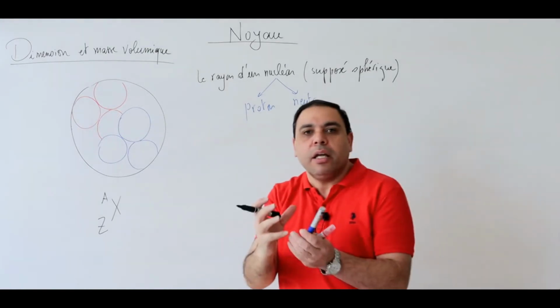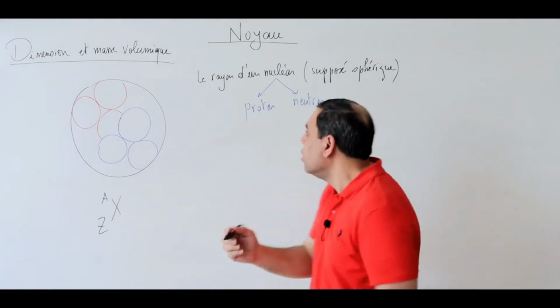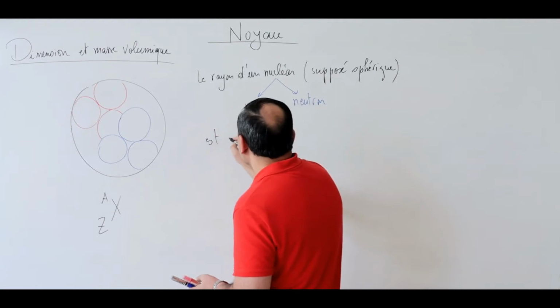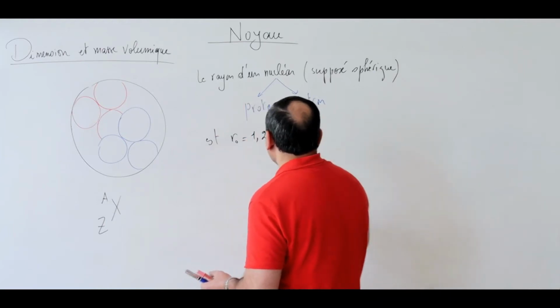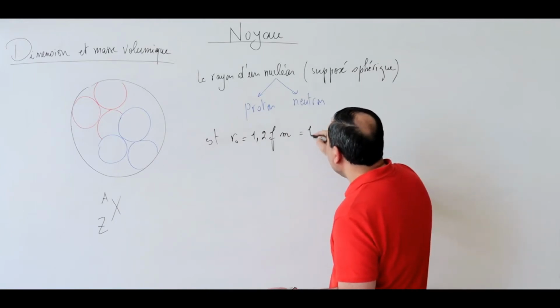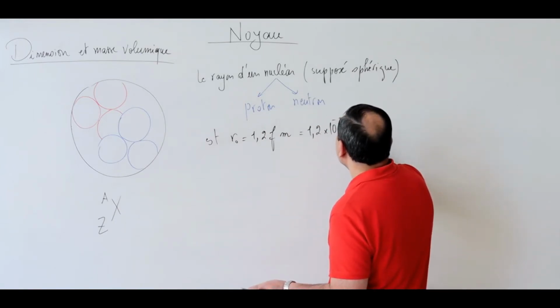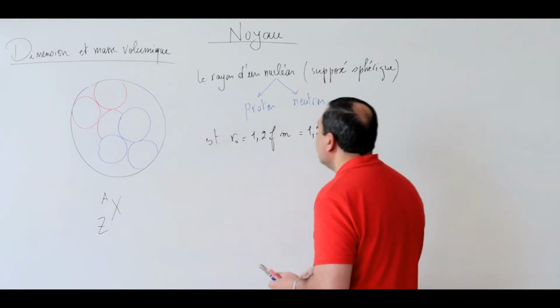We assume that the nucleon is a sphere. How much is its radius? R0 equals 1.2 Fermi. What is the Fermi? The Fermi is 10 exponent minus 15 meters.